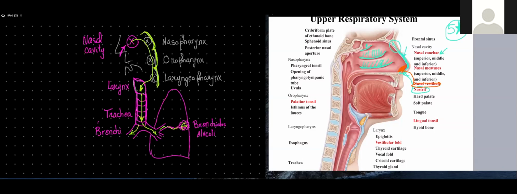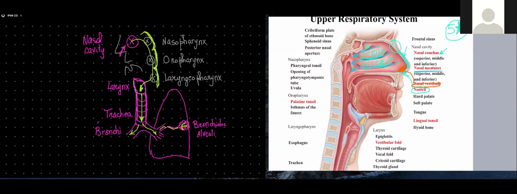So we've got the superior nasal concha, middle, and inferior nasal concha. In between the nasal concha, those are the tracts where the air is going to be traveling. Those are my nasal meatuses.